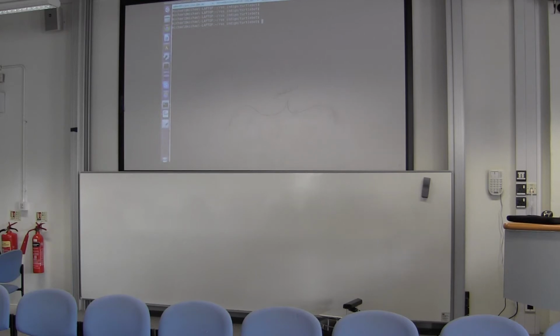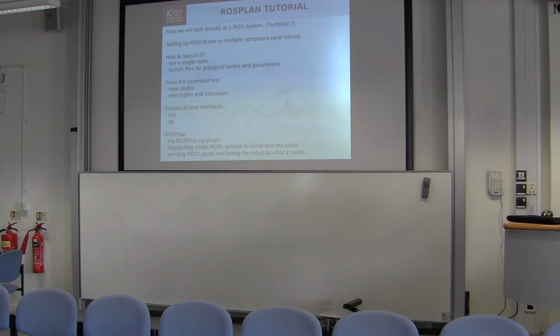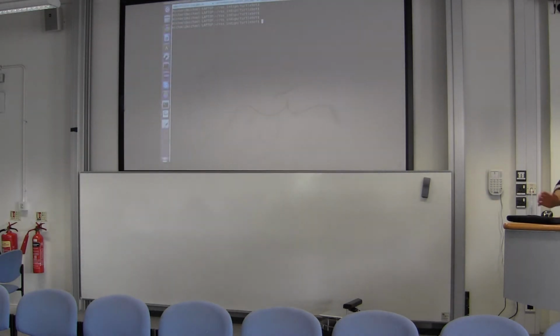Alright, let's start with setting up ROS to run on multiple computers. This is a very, very simple thing. I'm on the wrong one, I'm on my laptop. On this laptop, we have to check the IP, they're running on the same network.